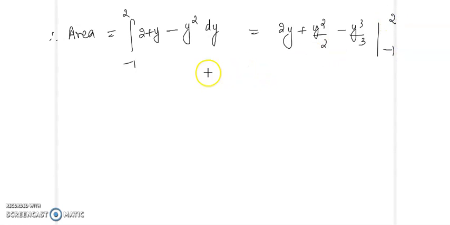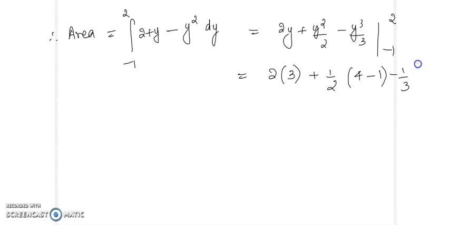from minus 1 to 2. So that will be 2 into 2 minus, and taking the two limits of y, 3 will come, plus 1 by 2 into y square limits, 4 minus 1, minus 1 by 3 into y cube, 8 minus minus 1. So that will be 6 plus 3 by 2 minus 1 by 3 into 9.